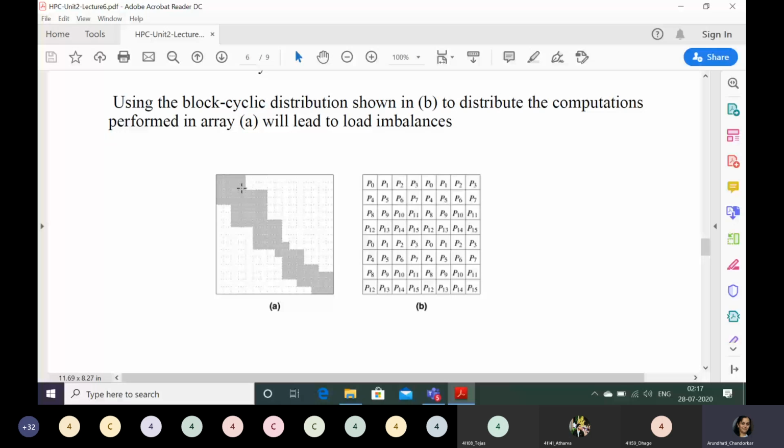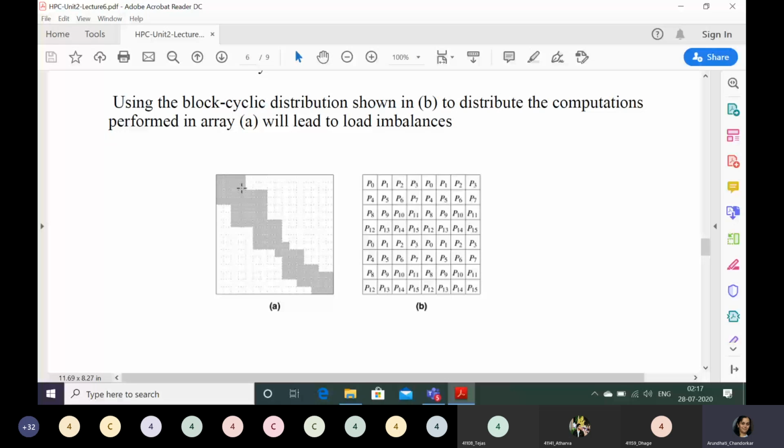Just see P0, P10, P15, P0, P0, P10, P10. So focus on the diagonal processes. Though we are doing wraparound, the diagram is telling you that only those processes are busy and the rest can be idle.